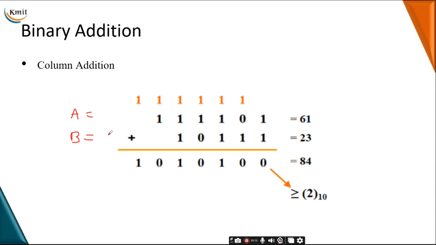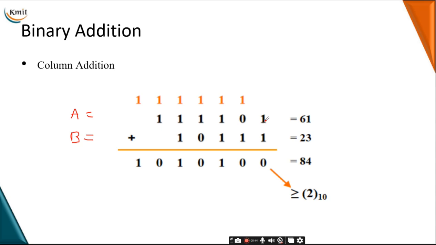Let me arrange the given two numbers based on their positional weights. First, let me start the addition from the least significant bit position, and then we will move one by one through the positional bits towards the most significant bit position. Let me start with 1 plus 1, as we already learned.